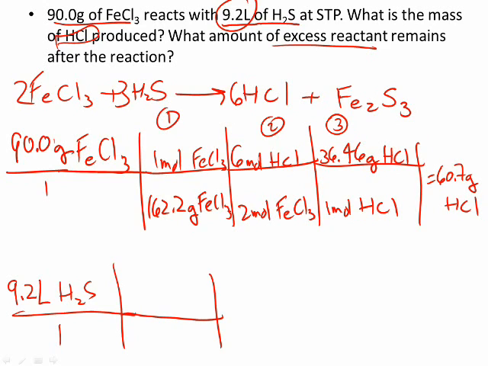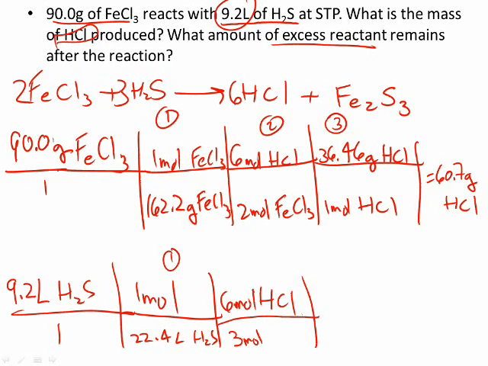So this is easy. We don't even have to look up anything because in 22.4 liters of H2S we have 1 mole. And now we just use our ratio from the equation. In 6 moles of HCl, we have 3 moles of H2S.